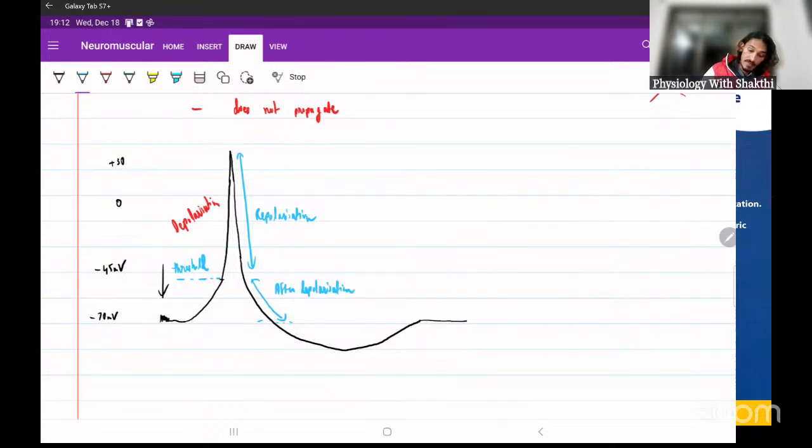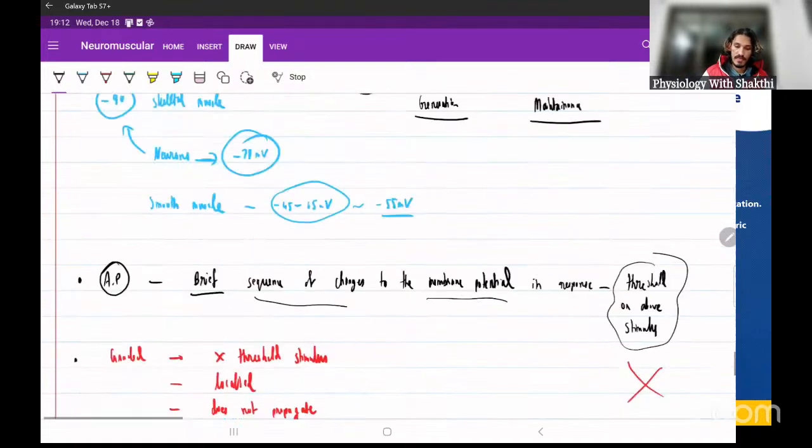And the part below that, which goes even more negative compared to your RMP, that is going to be hyperpolarization. From here till here is what is called hyperpolarization. So these are the different phases. You can mark the scaling over here and you can label them.